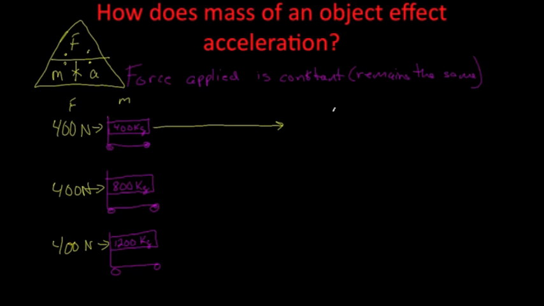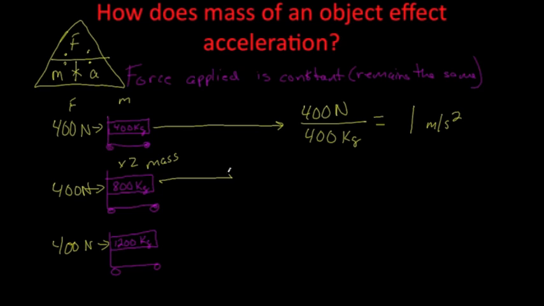All right? So, if we calculate that out, we have 400 newtons of force divided by 400 kilograms. You get an acceleration of 1 meter per second squared. Now, if you double the mass and apply the same amount of force, it's going to have half the acceleration, because acceleration is inversely proportional to the object's mass.